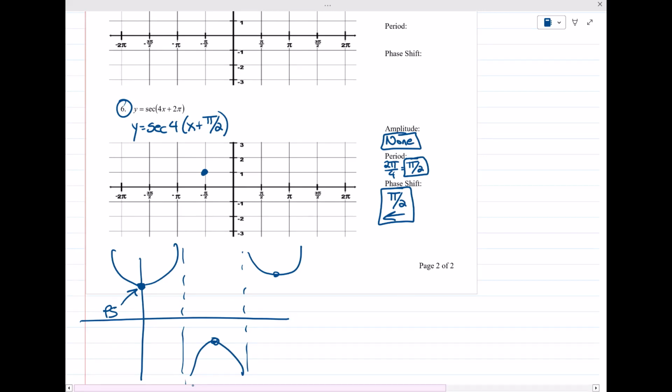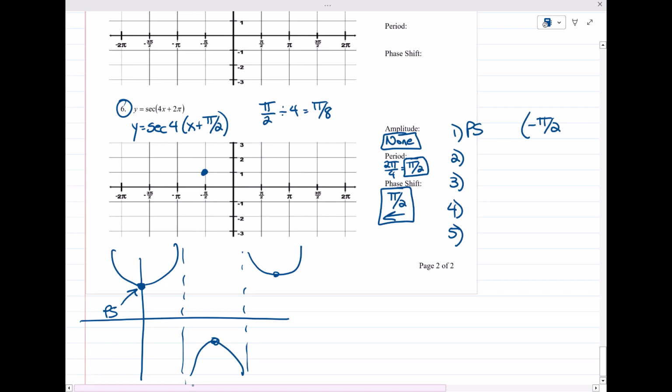So let's go ahead and figure this out. We have the phase shift. Then we're going to add 4 other points. So we're going to start to the left pi over 2, and then take the period and divide by 4. And that's pi over 8.